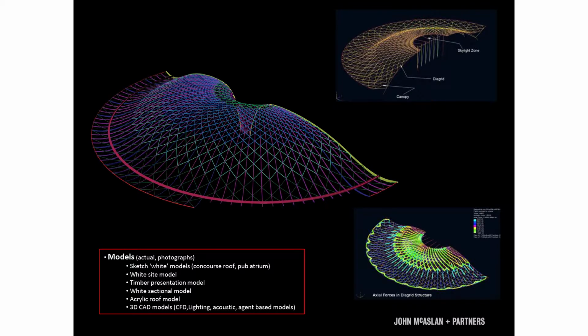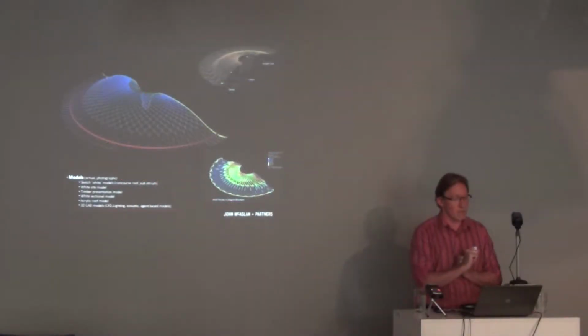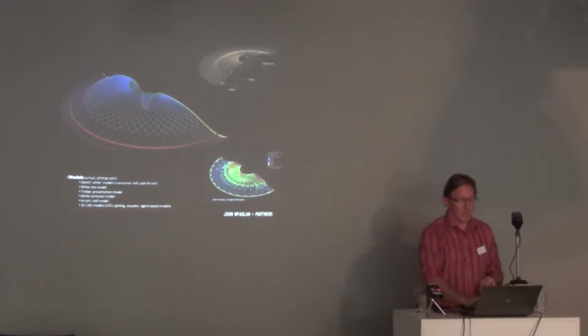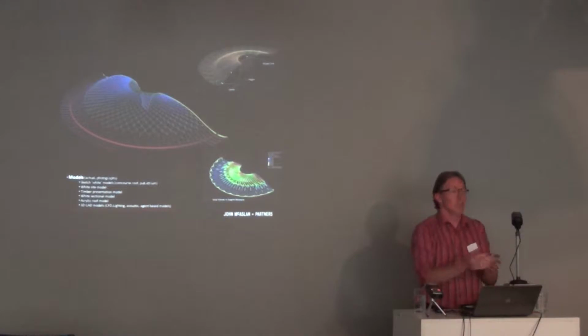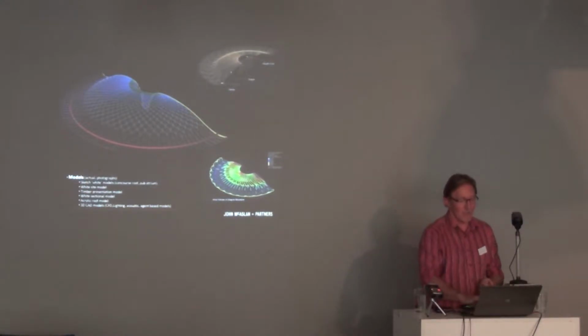And the purpose for this, as a collaborative exercise between John McAslan Partners and Arup, who are the engineers and the lead designers on this element of the project, was not just to produce a spatial representation of the building, but actually to produce analytical models. So what you've got here are digital representations, but actually not showing the true data and the true value of these models, which lies in the analytical output.